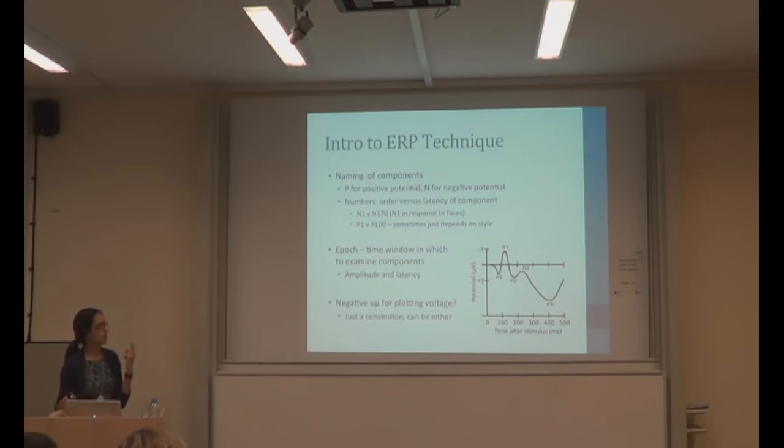There doesn't seem to be a really good reason why people started doing it this way, but it's split about half and half. Some people do it this way, some people plot it with positive up like all mathematicians would, and it's never been standardised. So either way is acceptable, and labs tend to just all do it the same way, and possibly journals as well. But either is fine, and I'll be plotting all mine positive up.